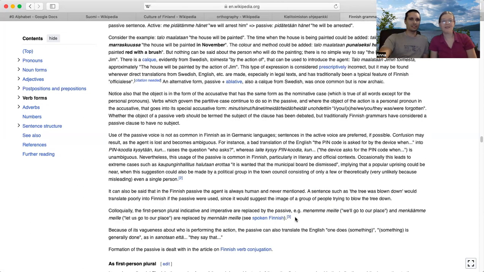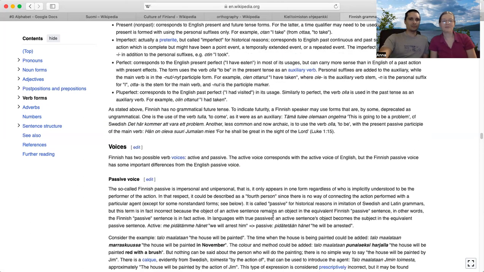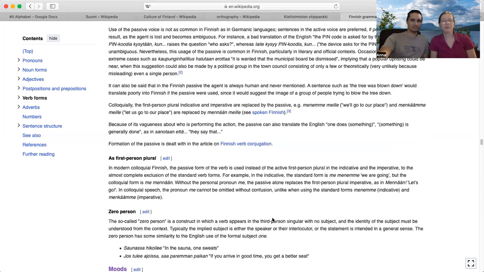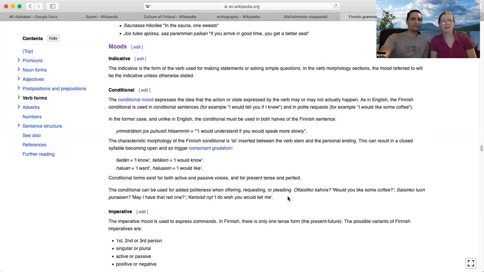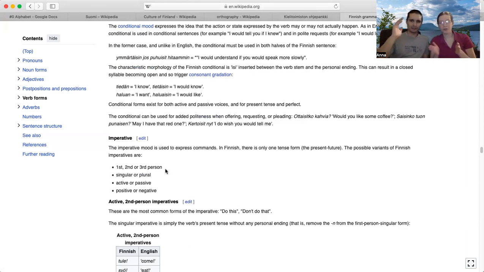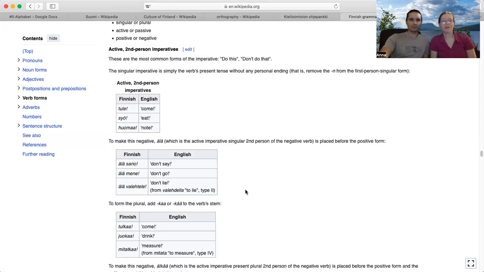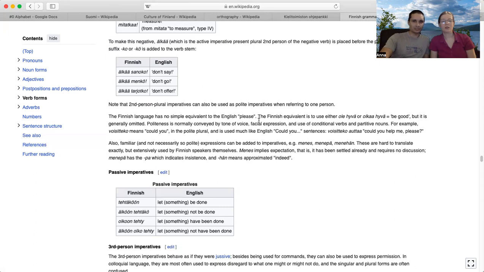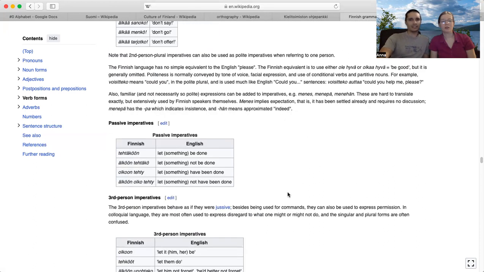Finnish has 2 voices, active and passive. Some languages have like 3, like medial, passive, or I don't even understand what that means. Moods. Finnish has indicative, which is like the basic form. Conditional, like I would do something. Then imperative, like commands. And then we actually have the potential somewhere, but I never use it.